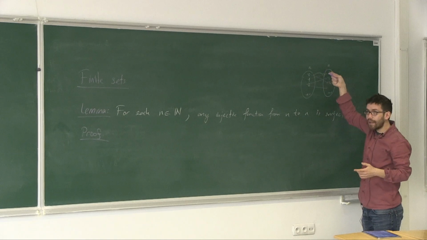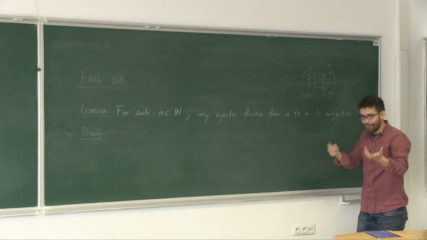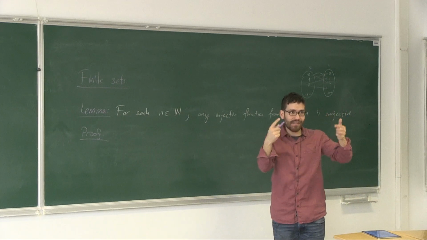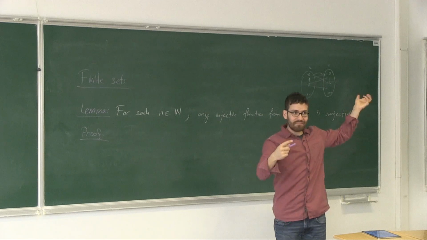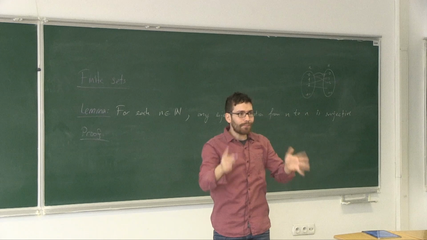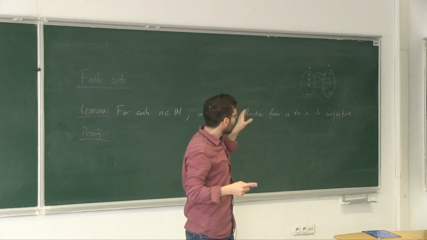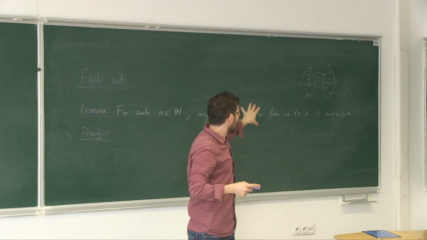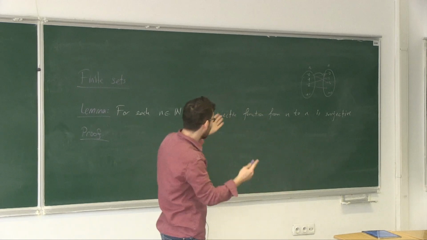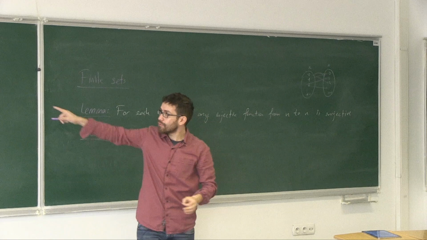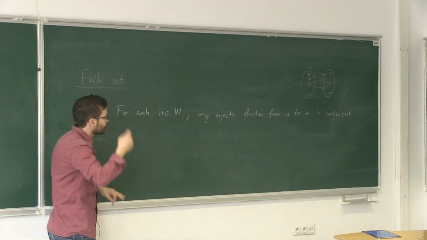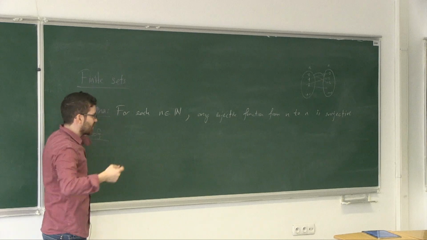Well, this is the same set, so it's obvious, right? Everything should be mapped by something because the number of elements of these sets is the same. But you see, that's not a proof. This is one of those things which is so intuitively obvious that you're thinking it requires no proof. Well, it does if you use this definition.